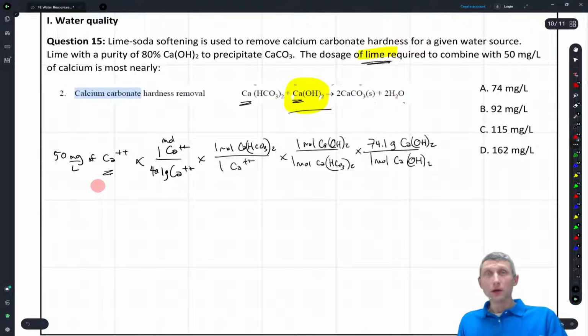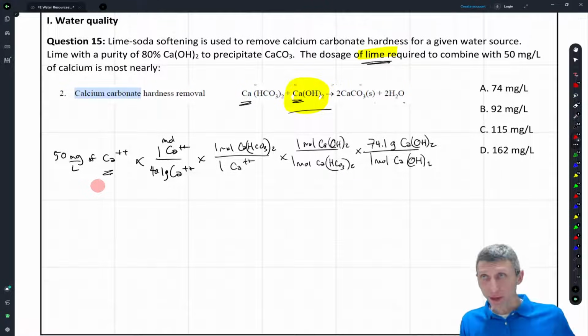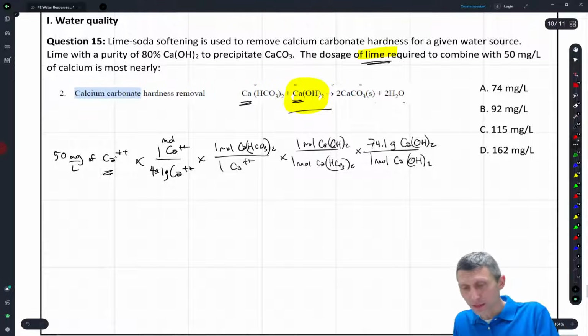Okay. Big, long stoichiometric equation, but the cool thing is everything starts to cancel out. The calcium goes away, the calcium hydrocarbonate goes away, this lime goes away, all our moles go away, and even our grams go away. So we're left with an answer.